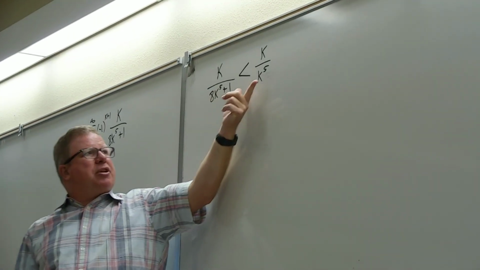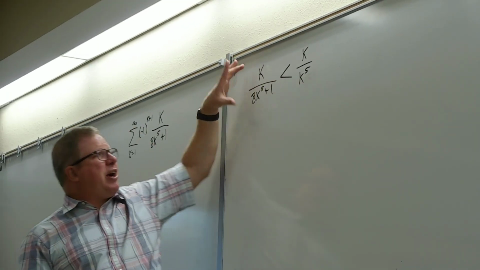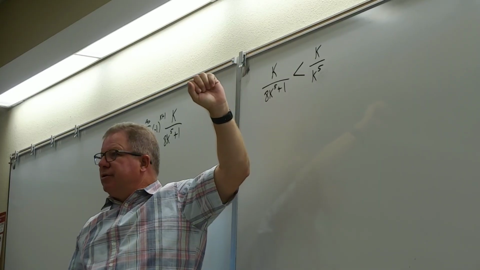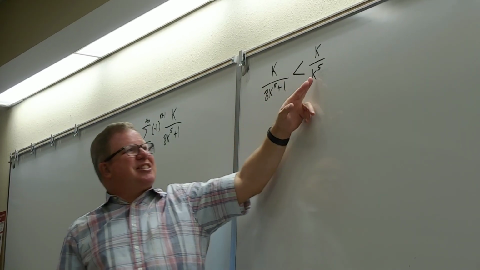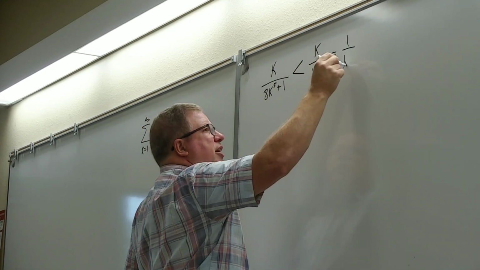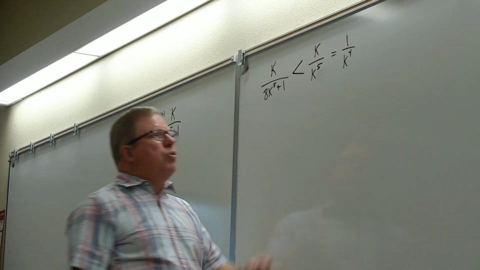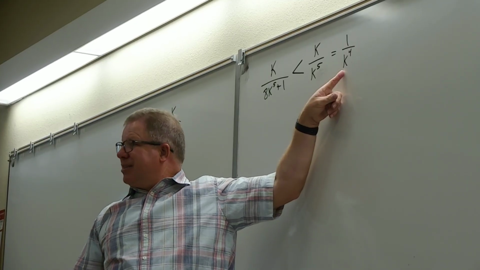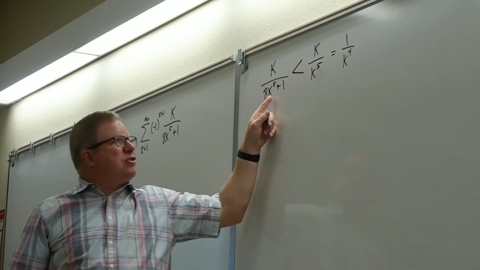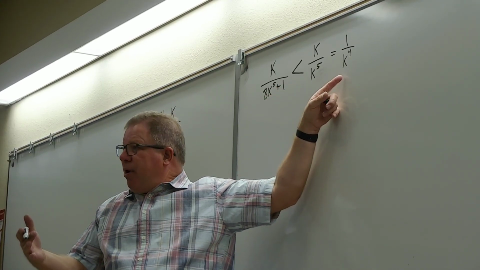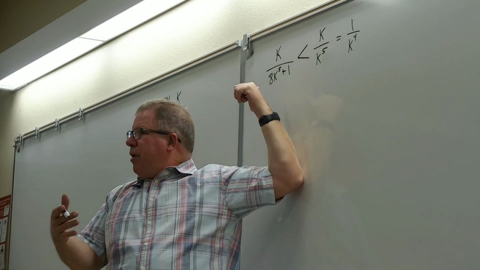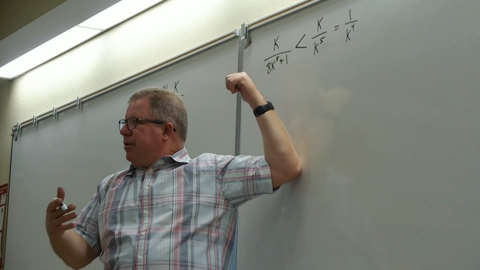So this fraction will always be less than that fraction, correct? So we know this is always less than this, and this is equal to 1 over k to the 4th, which we know converges by p-series. So if this converges by p-series, and this is always less than that, and it's always positive, this has to converge, doesn't it? No possible way it could diverge.